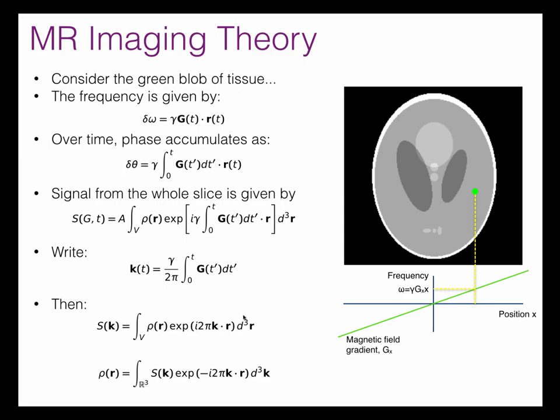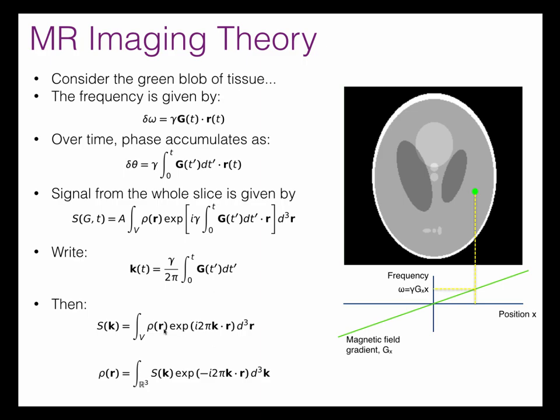And this is a very well-known expression. This is basically a three-dimensional or two-dimensional Fourier... it should be two-dimensional, I guess, because it's a slice. Two-dimensional Fourier transform with respect to k, so it's k-space.